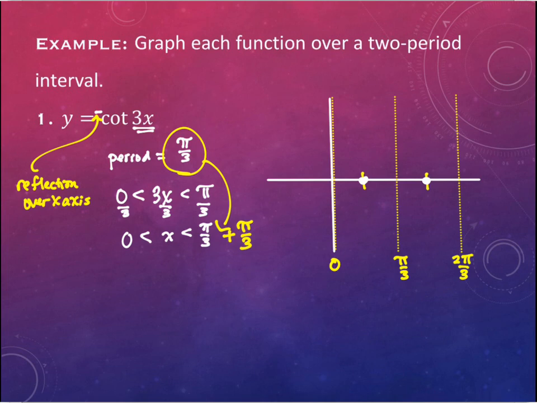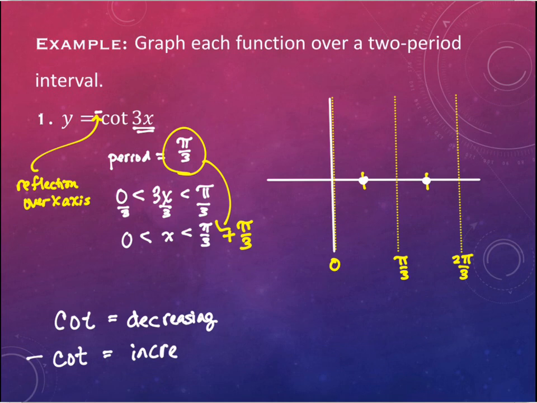This reflection tells me it's going to now be an increasing graph. It's going to look like tangent. Cotangent is typically decreasing, but when we have negative cotangent, it's going to be increasing. It's just going to flip it upside down. We'll still need to label what those x-intercepts are, which we will. But our graph is going to look kind of like the tangent graph now, right?